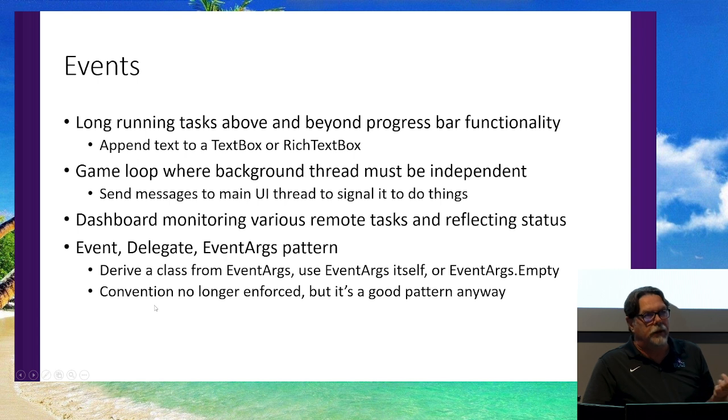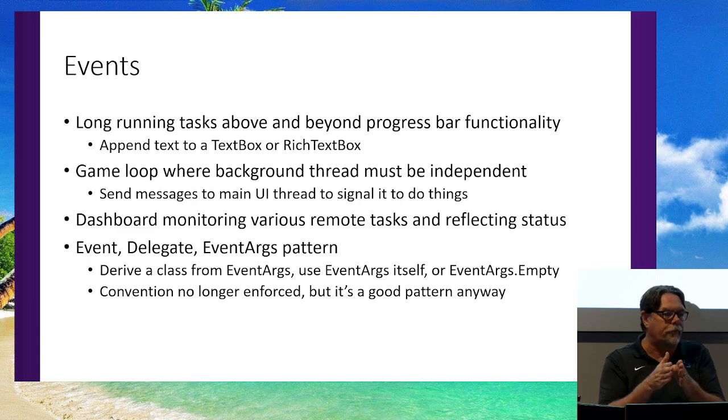In the days when I was learning to program in .NET, and for a while after that, they had a rule that any event handler, in order to use these delegate and event patterns, your event handler's signature, the signature of those methods, needed to accept 2 parameters. The first was an object reference to whoever sent the message.